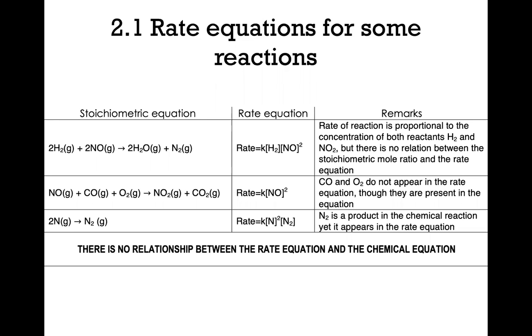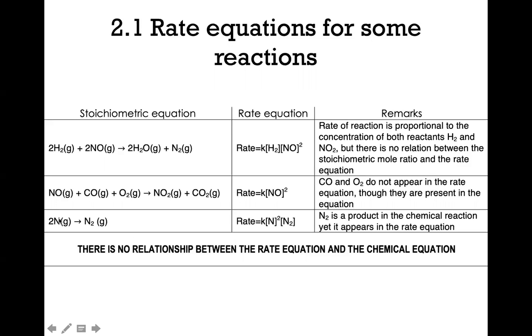I will explain this next. The total order of reaction for this particular reaction is just 2. So this is an example where not all of your reactants appear in the rate equation. The rule of thumb is that the species that appear in the rate equation are the species that affect the rate of the reaction.